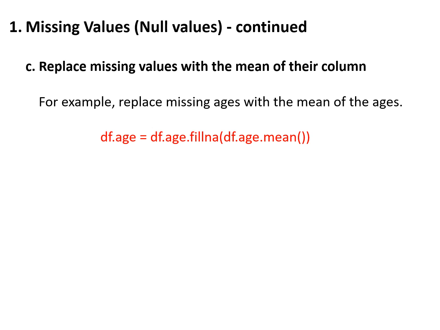Okay, and a third option is we could replace missing values with the mean of their column. So for instance, here on the right side of this equal sign, we have df.age.fillna, and then inside those parentheses we have df.age.mean. So first it looks at the innermost part, inside the parentheses, the df.age.mean.